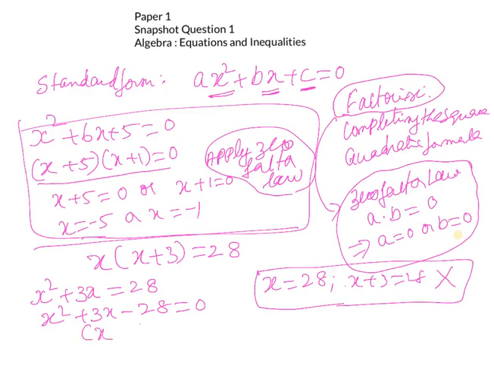Therefore, this is x, and I put positive 7 and negative 4, because I get a positive 3. When I expand, my suggestion is always, when you factorize, please expand and see whether you are getting the original equation. So x squared plus 7x minus 4x.